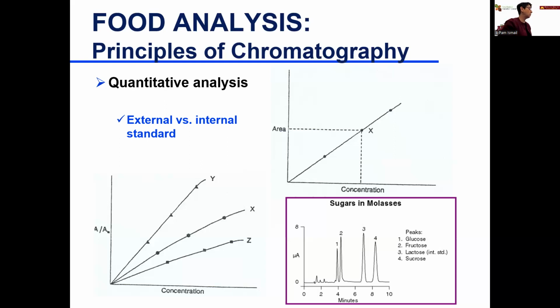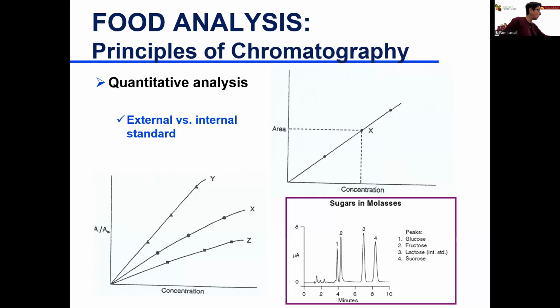Especially when your sample preparation protocol is very long and has multiple steps, like you did for the fatty acids. You had to saponify, you had to methylate, you had to transfer, you had to add solvents and transfer and dry out. So many steps. So some of the fatty acids could be lost during sample prep.